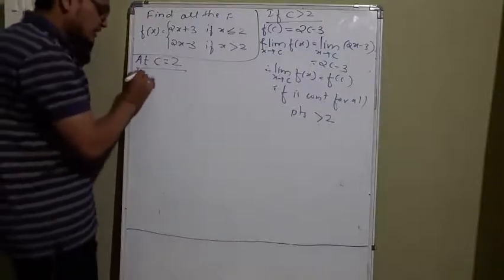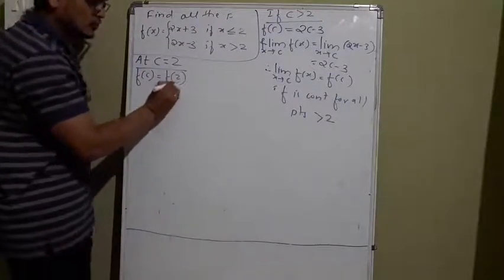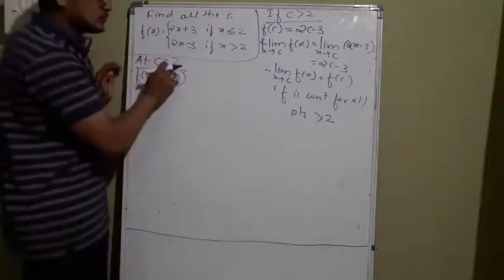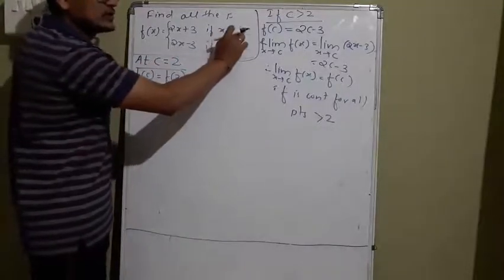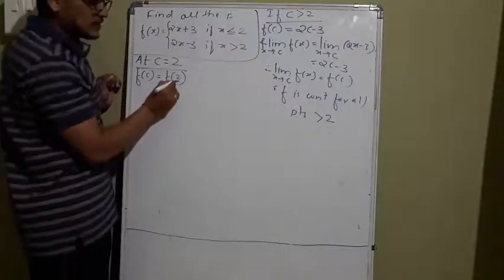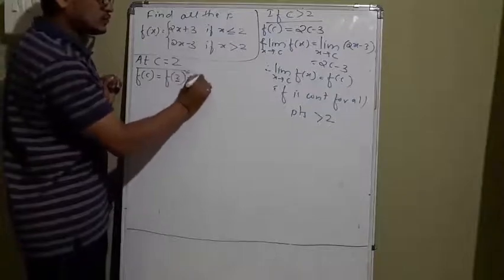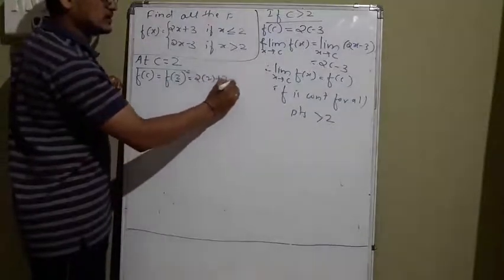Before that you have to find f of c. The c value is 2, so f of 2. For equal to 2, the function is 2x plus 3. But here x is 2, so 2 times 2 plus 3, so it is 7.